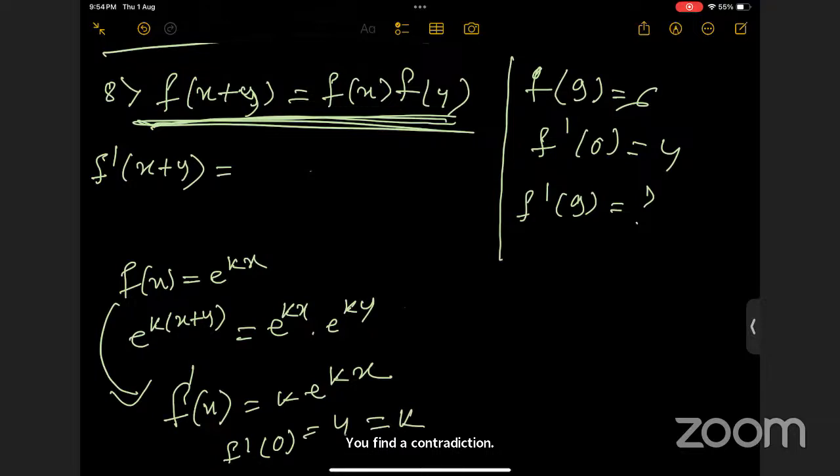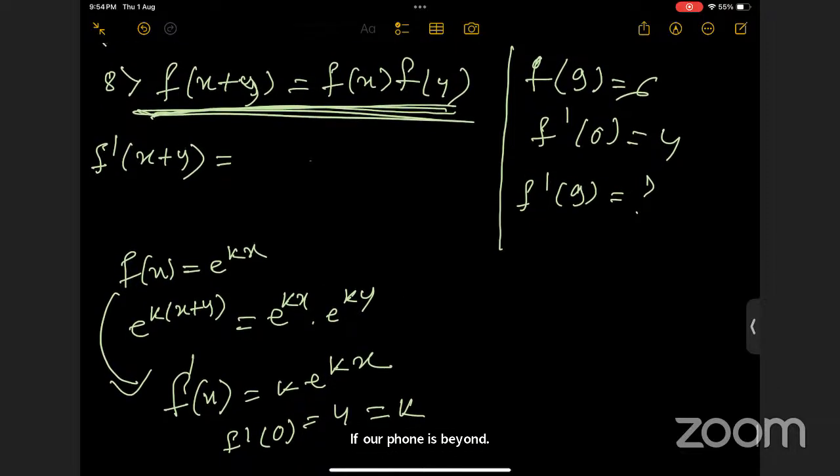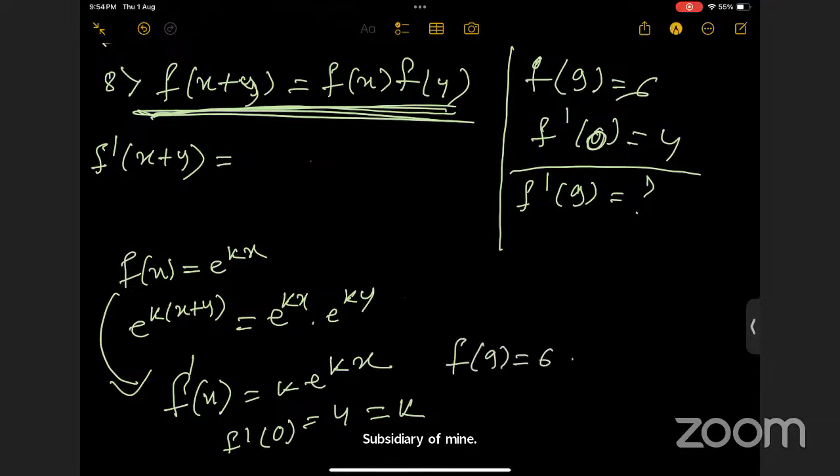That means k equals 4. They give f of 1, right? f dash 0 equals 4, right? Okay, f of 9 is given as 6. Substitute. 6 is not e power k.